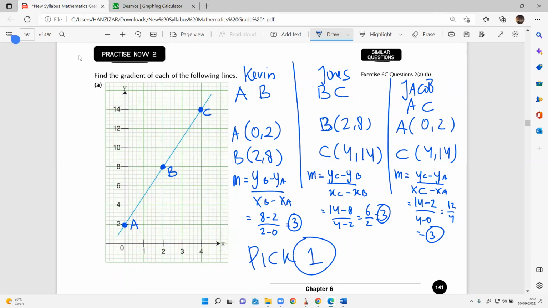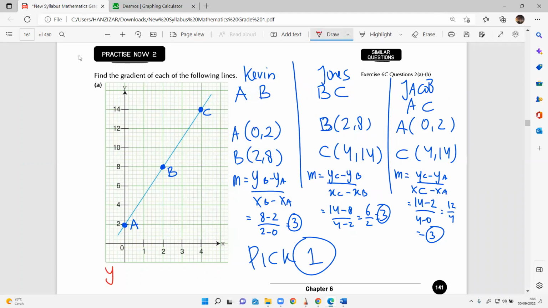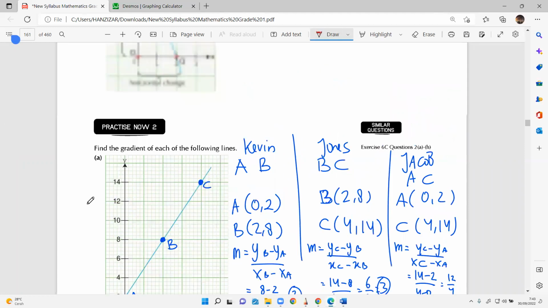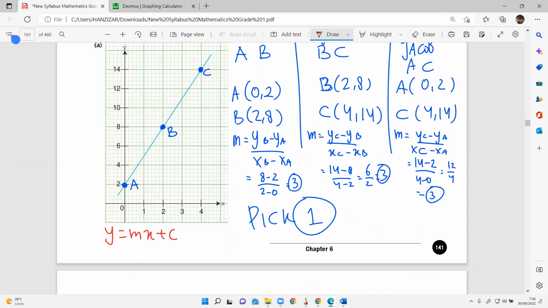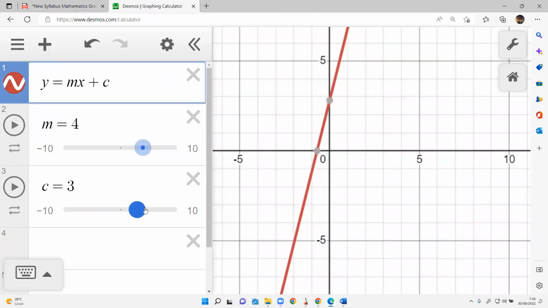Okay, the question is, what is the c? Kan y equals mx plus c. m udah ada 3. What is the c? C tadi apa? Y-intercept, right? There you go.